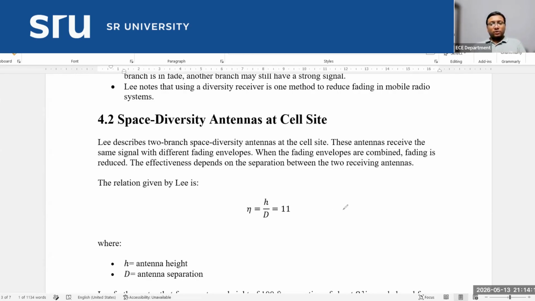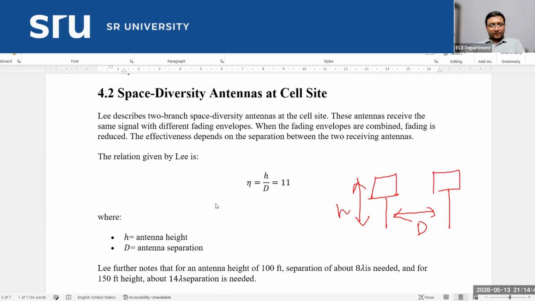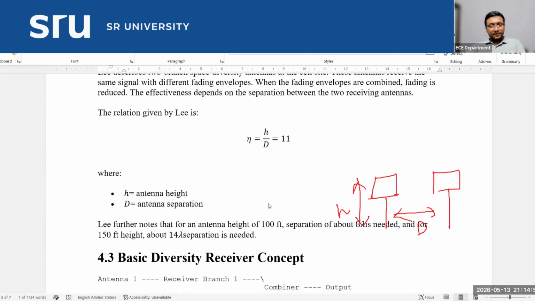So suppose two antennas are there, one is this, another is this, and they have some separation. This is called D, and this H is the antenna height. Then this effectiveness actually depends on this ratio H by D.